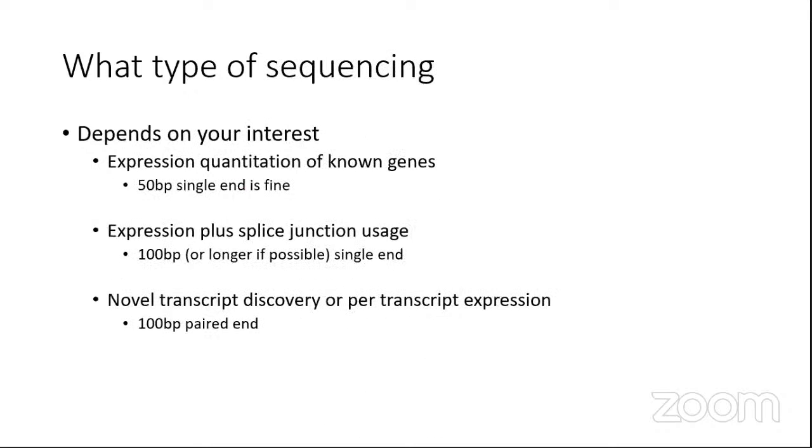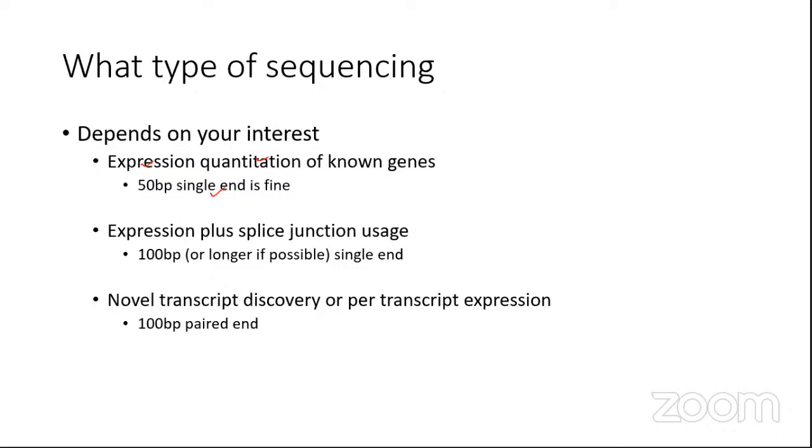So now what type of sequencing do we have to go for? Again, this depends on the interest, for example the expression quantification of known genes. If our intention is to know only the quantification of known genes, then 50 base pair single end is absolutely perfectly fine. We don't need to go for 75 base pair or paired end, long read, because that will give you a high cost.